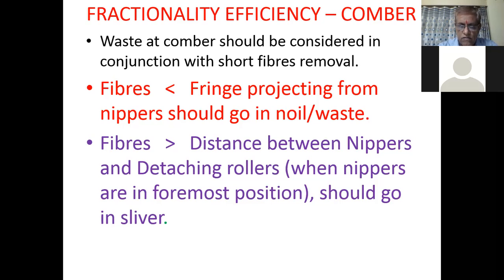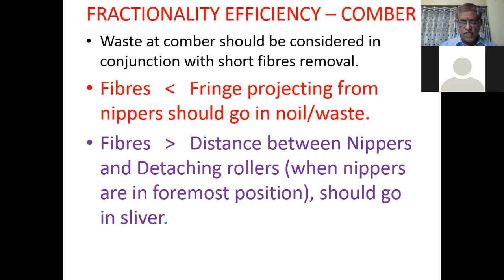As we know, in the comber, there are two basic principles on which it removes the noil. First, fibers whose length is lesser than the fringe projecting from the nipper should go in noil or waste.